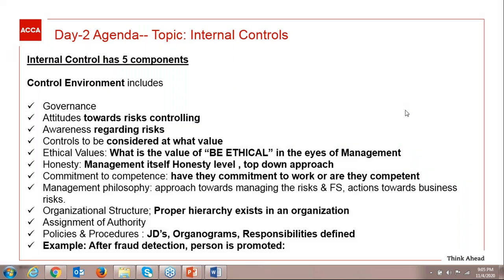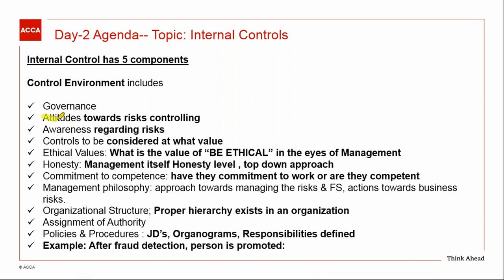Control environment, the first component, includes governance and attitudes. If the management attitude is positive towards risk controlling, if management has the priority to control and minimize risk, then this organization has strong internal controls.